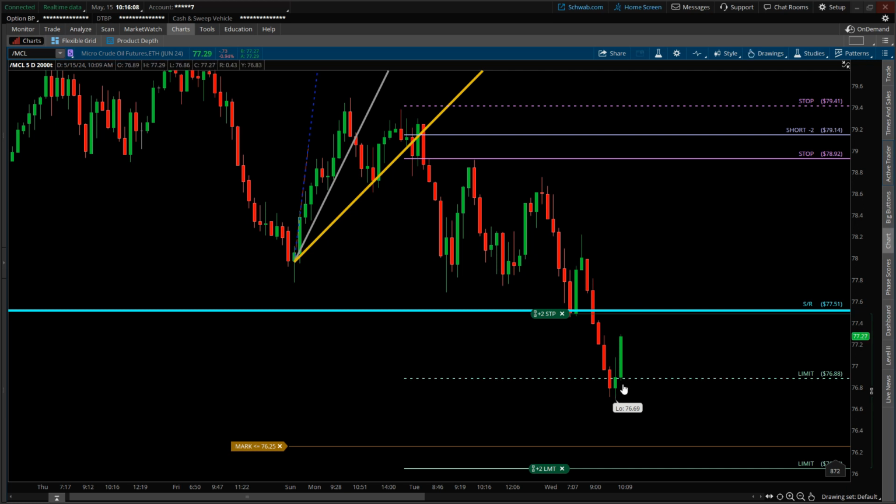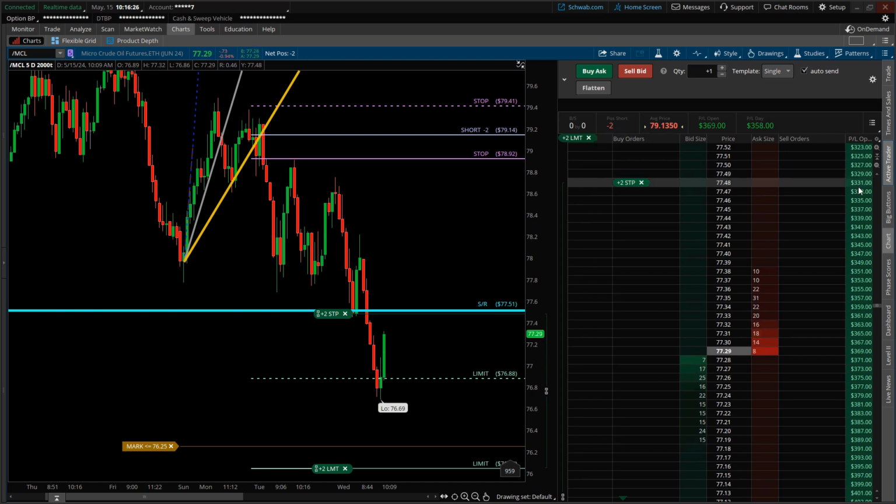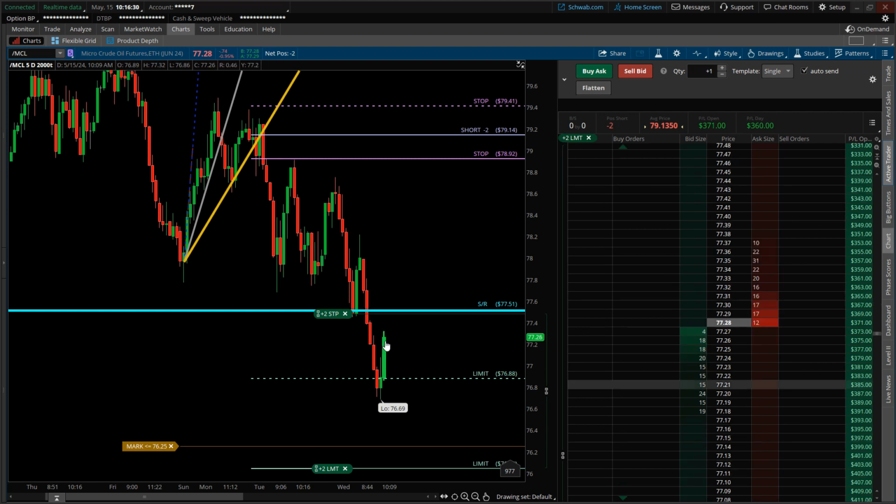Okay, so the bounce is picking up momentum. I walked my stop order just a little lower than 77.51. It's now sitting at 77.48. If I open up Active Trader, it's sitting right here for a $331 profit potential. If price does not stop, then I will most likely get closed out. However, I did walk my limit order just a little bit lower.